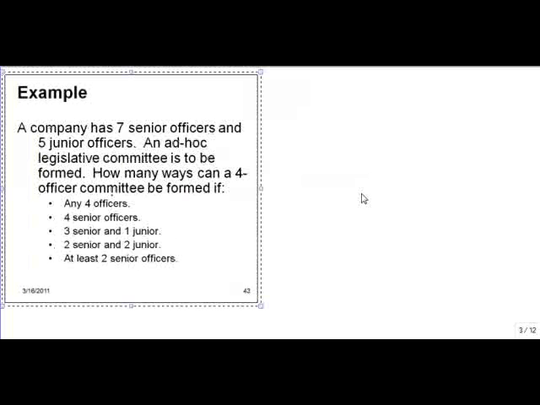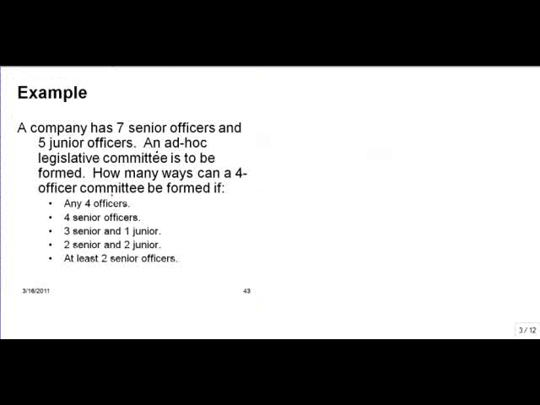So for my next example, I would like to take a look at this: a company has 7 senior officers and 5 junior officers. An ad hoc legislative committee is to be formed. How many ways can a 4-officer committee be formed if, and now we have each one of these.